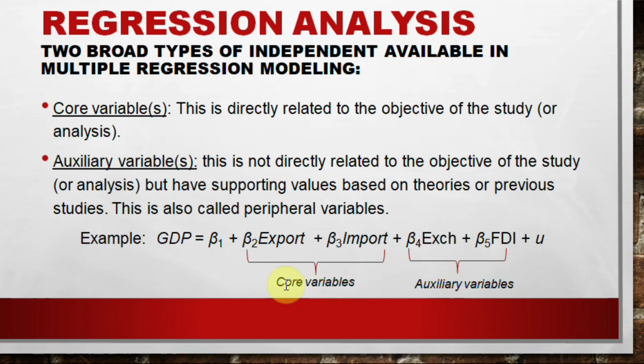Now, if my study is the effect of foreign trade on economic growth or GDP, gross domestic products. If my topic is the effect of foreign trade, that foreign trade is split into 2, exports and imports. Okay, now exports and imports will become my core variables.